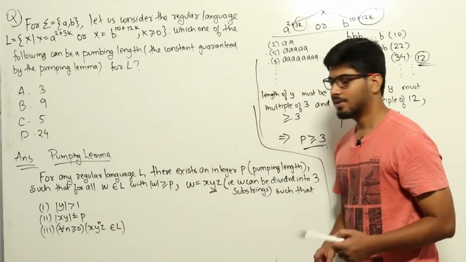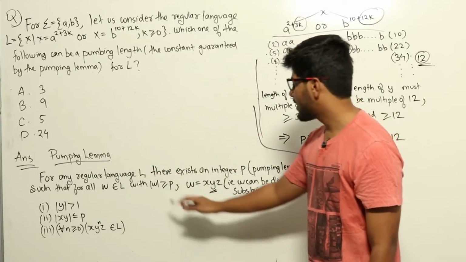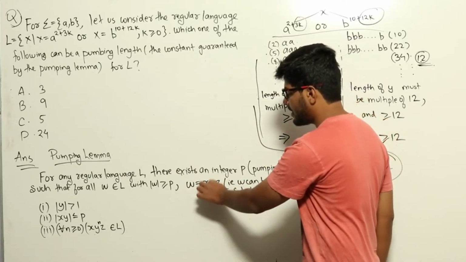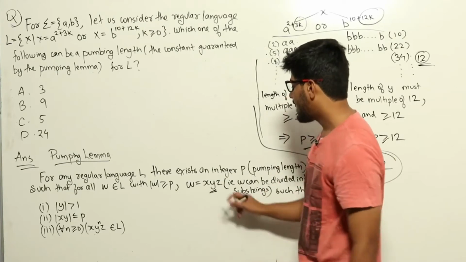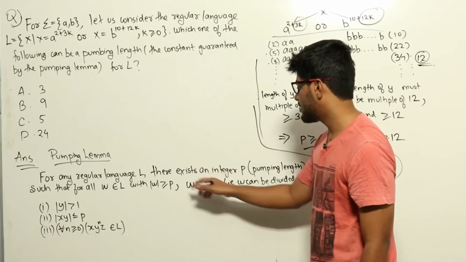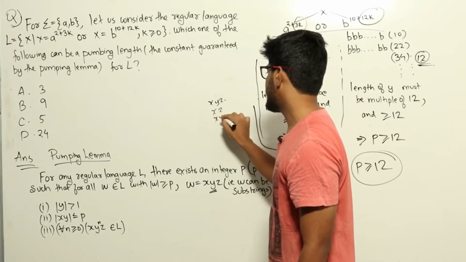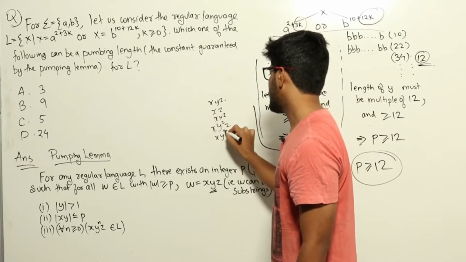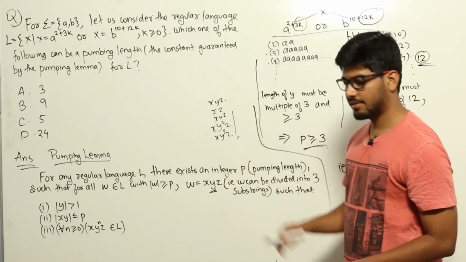So the pumping lemma says that for any string belonging to a regular language which has at least the length of the pumping length, we can divide it as 3 substrings x, y, z, such that length of y should be greater than or equal to 1, length of x y together should be less than or equal to the pumping length, and also if this y part we take 0 or 1 or more times, still that string should belong to the language L. That is, if w is x y z, the strings x z, x y z, x y power 2 z, x y cube z, etc. All these strings should still belong to the language L. So that is the pumping length.